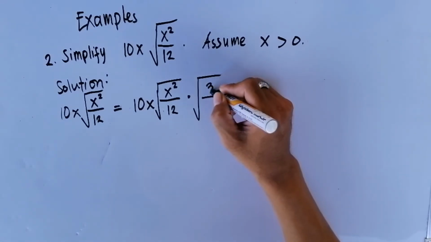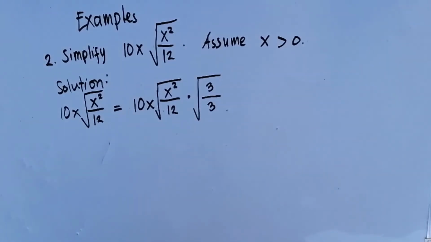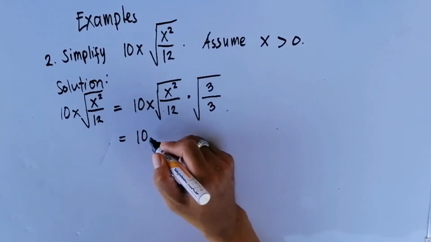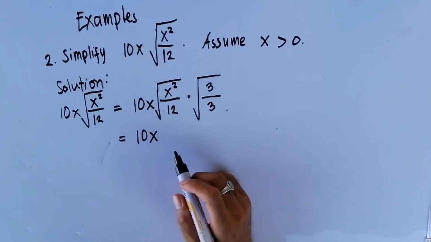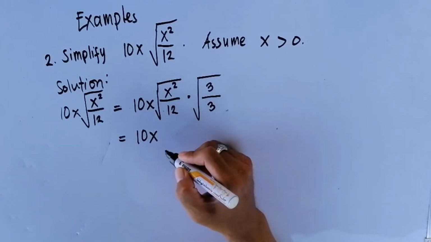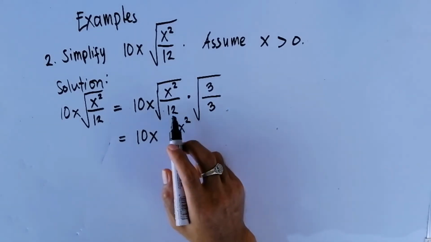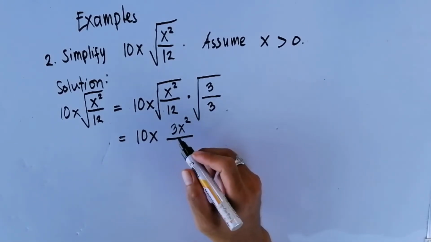So 3 over 3, then 10x, okay, multiply, that is 3x squared. 12 times 3, 36.